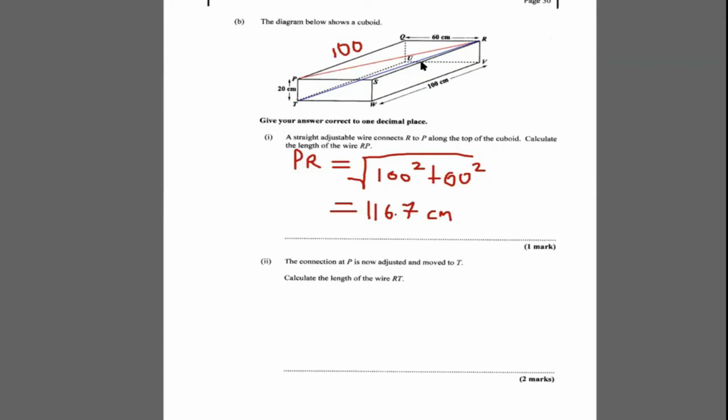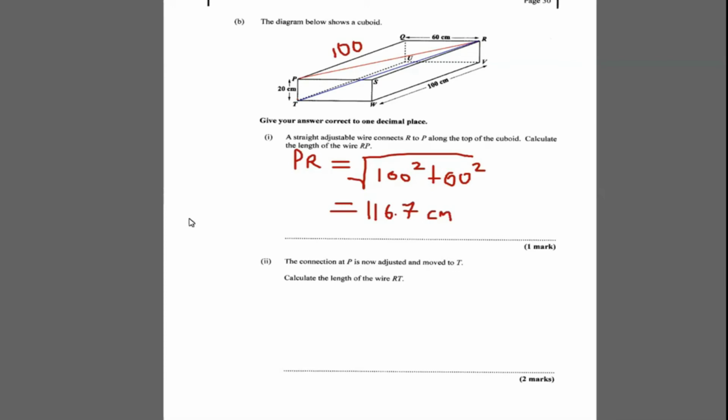I think I need to break this out into another diagram just to make it a little easier to visually see what's going on. It's always good when you have a cross-sectional view. So I'm going to look at a cross-sectional view.